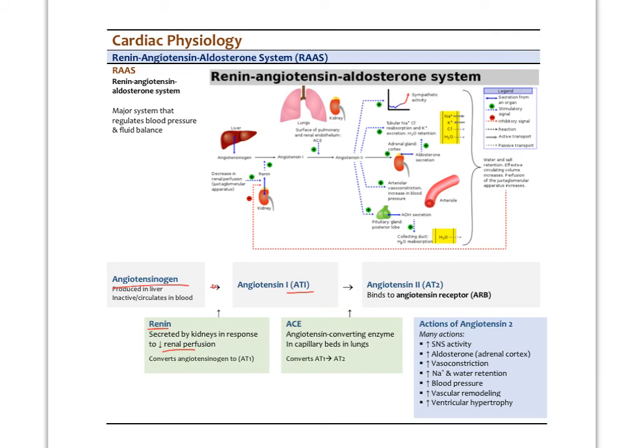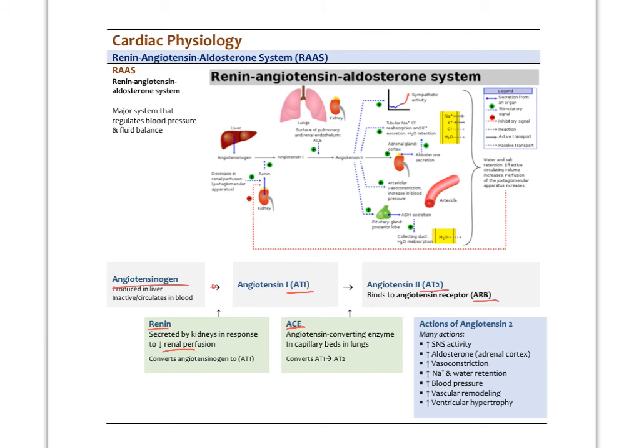And then in the lungs, ACE, angiotensin converting enzyme, in the capillary beds in your lungs will convert angiotensin 1 to angiotensin 2, and that's going to bind to angiotensin receptors.